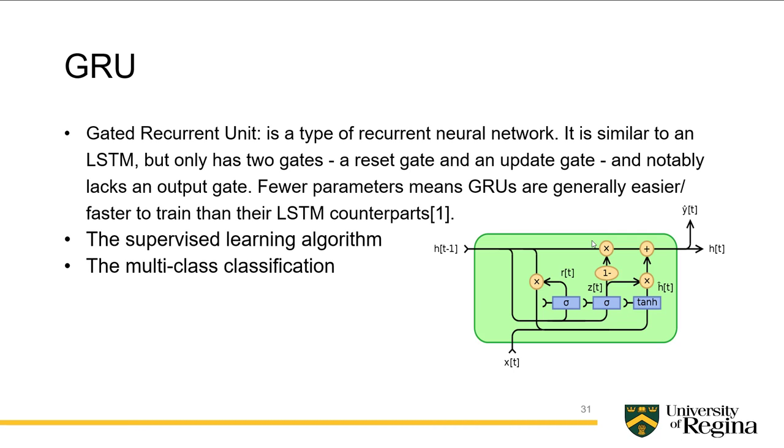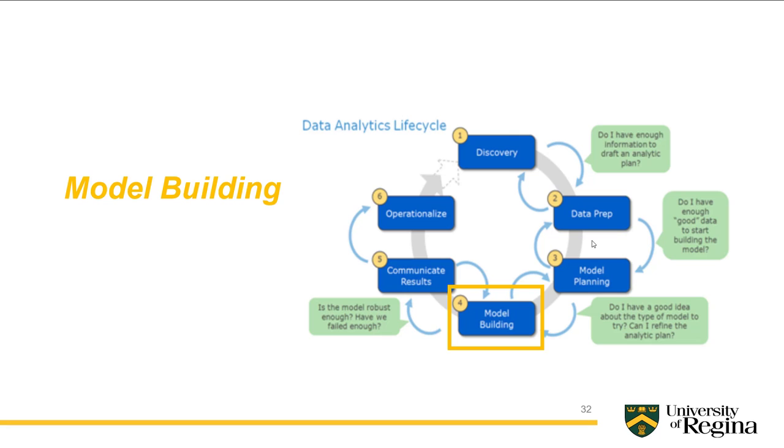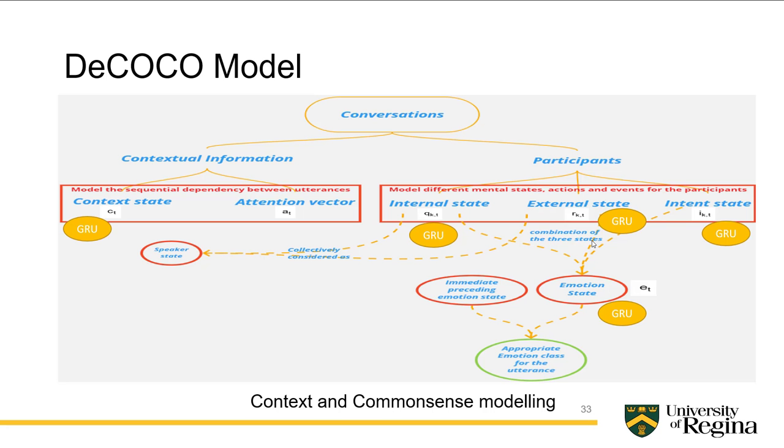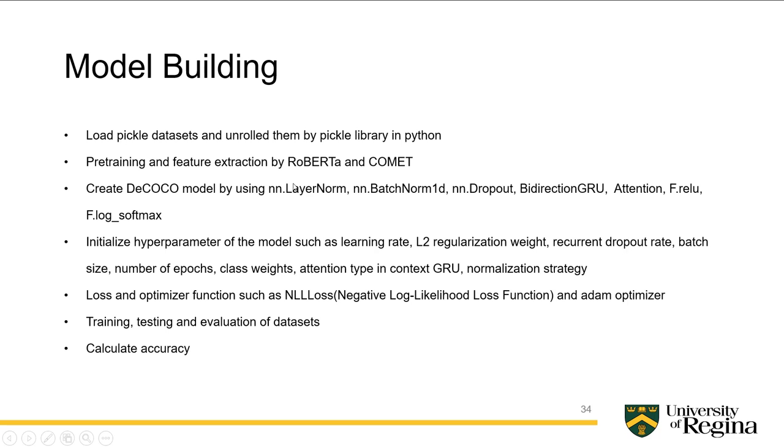And this is a supervised learning algorithm and multi-class classification. And model building, this is our model, and this is the major difference from COSMIC and DialogueRNN.